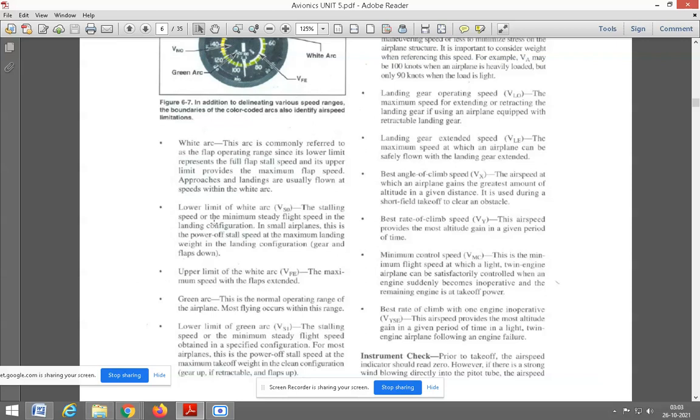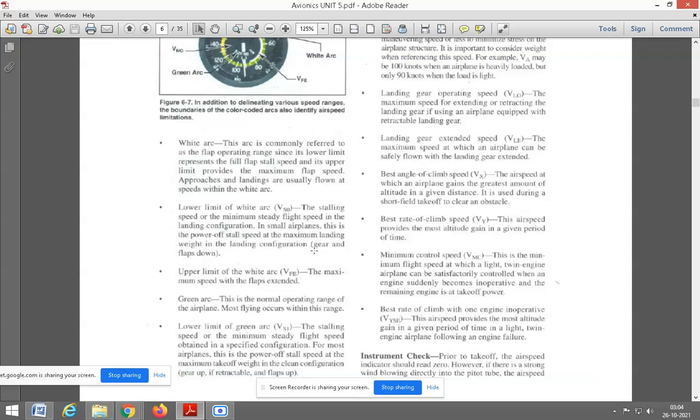The stalling speed or the minimum steady flight speed in the landing configuration. In a small airplane, this is the power-off stall speed at the maximum landing weight in the landing configuration. So the lower limit of the white arc indicates the stalling speed, that is the minimum steady flight speed while it is in the landing state.